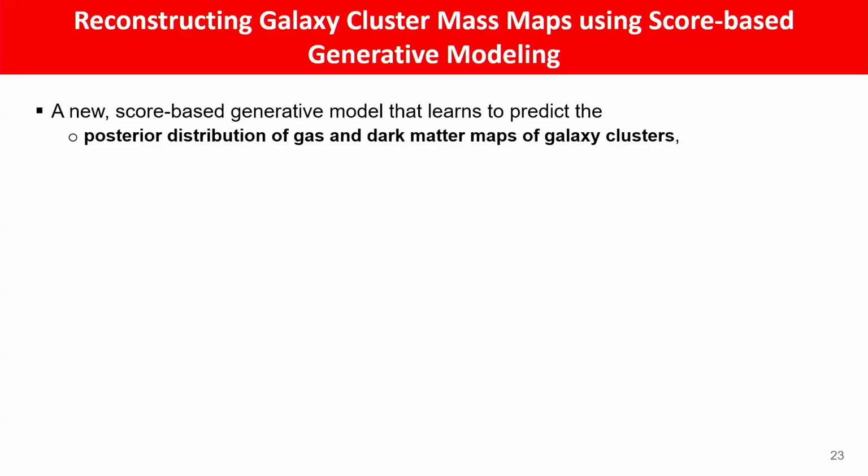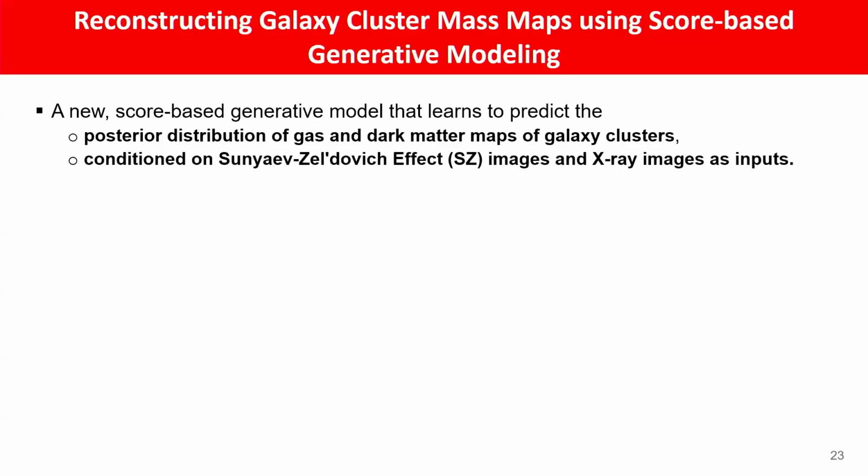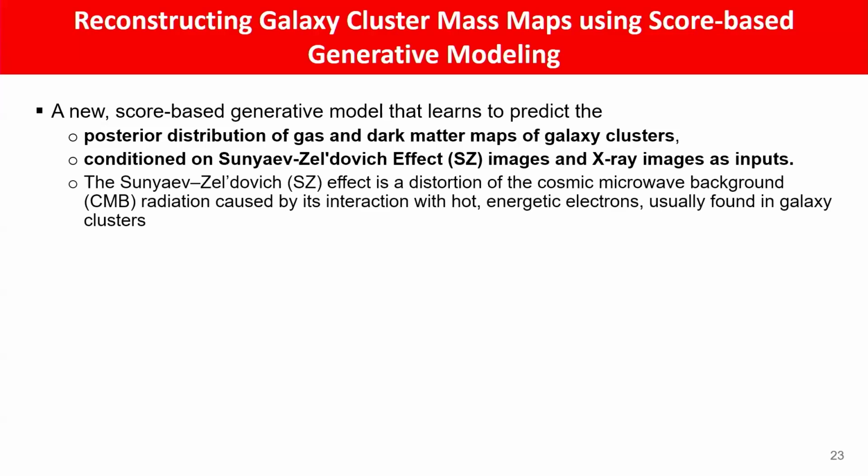We had a data set, and from the data set, we wanted to estimate the gas and dark matter distribution of galaxy clusters. Our inputs were the Sunyaev-Zeldovich, or SZ, images and X-ray images. And conditionally on those inputs, our goal was to estimate the gas and dark matter distribution of galaxy clusters.